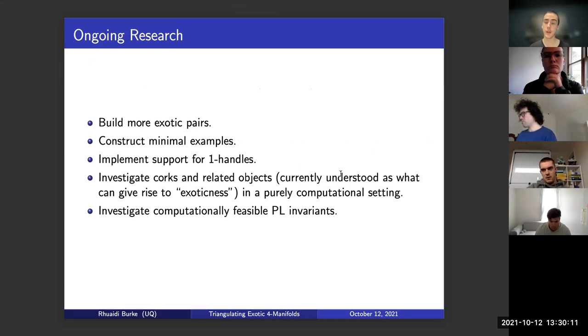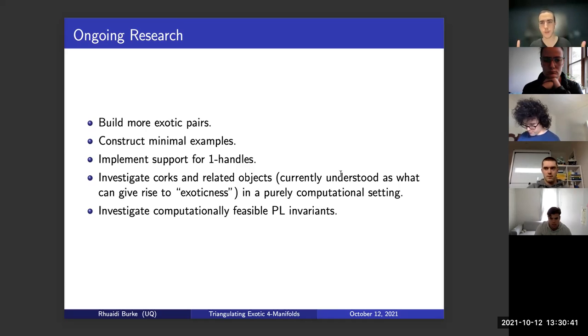The other thing that we want to do is the resulting triangulations that you get from this algorithm via the colored graph routine, the resulting manifolds and the resulting triangulations are by no means minimal. So it means that it becomes very difficult to analyze these things. So one thing that we want to do is construct smaller triangulations of these things, ideally minimal with respect to some metric.